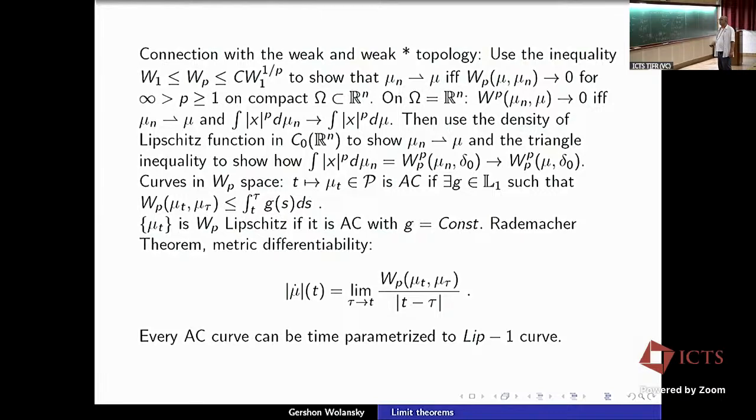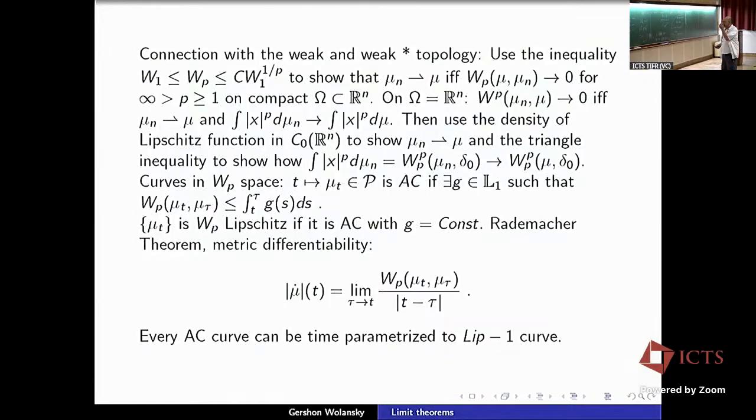You can also reparameterize it in time to have a Lipschitz 1 curve. So this justifies the application of Rademacher theorem to conclude that we have this metric differentiability almost everywhere.